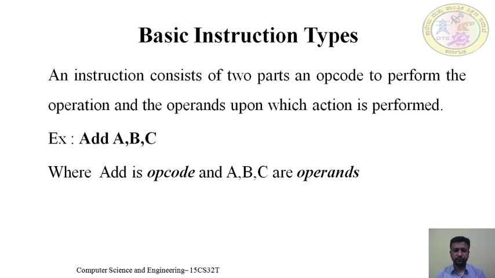Here three operands are used, a b c. In this case, the addition operation is performed on a and b and the result is stored in c. The contents of a and b are added and the result is stored in operand c.